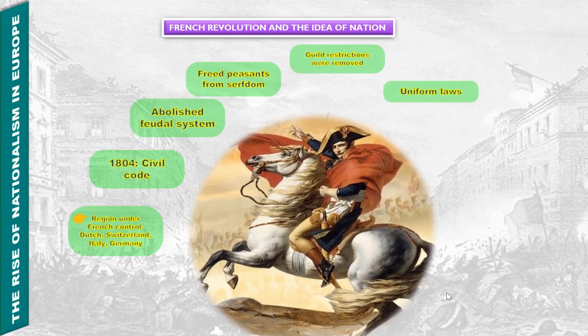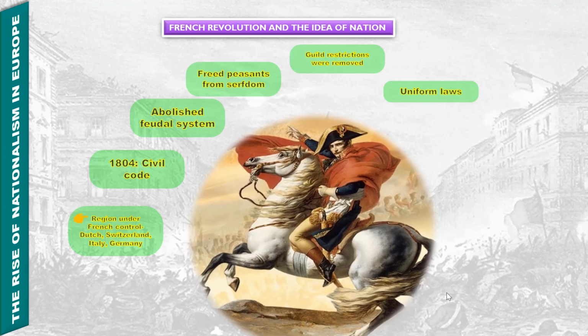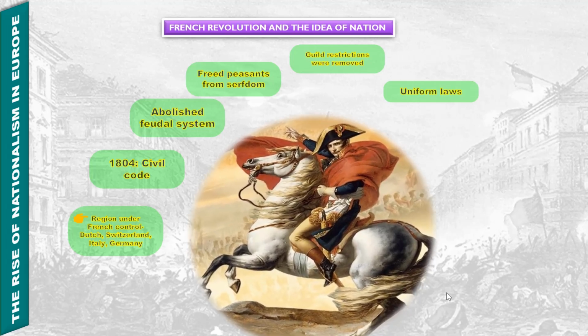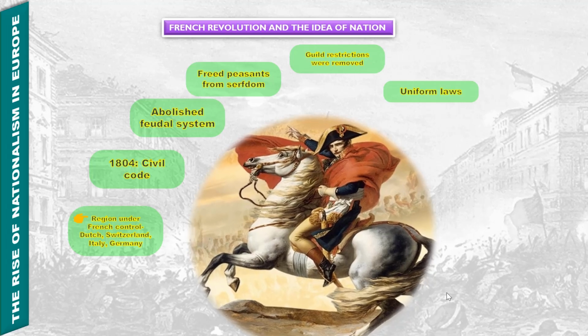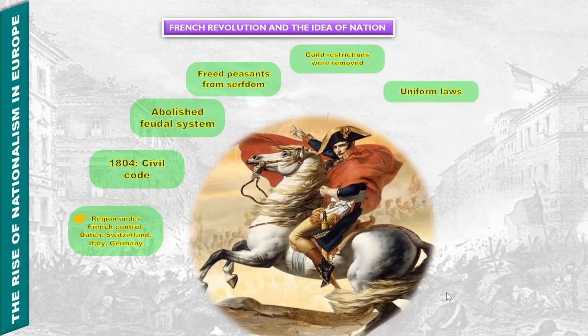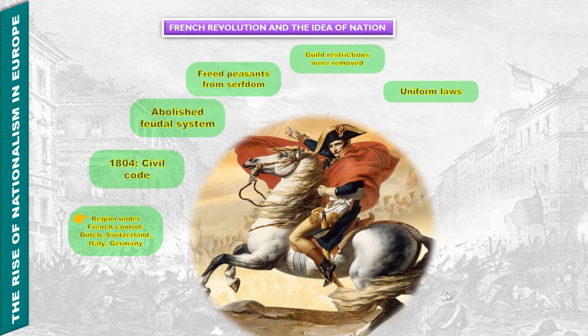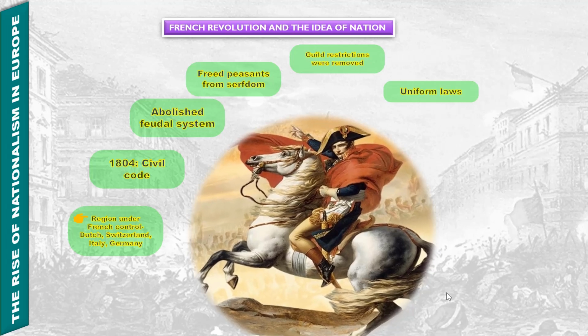Businessmen and small scale producers of goods, in particular, began to realize that uniform laws, standardized weights and measures, and a common national currency would facilitate the movement and exchange of goods and capital from one region to another. However, in the areas conquered, the reactions of the local populations to French rule were mixed.